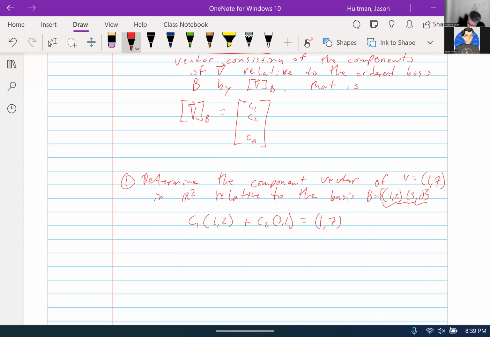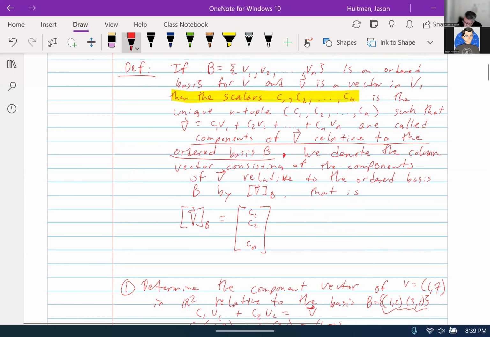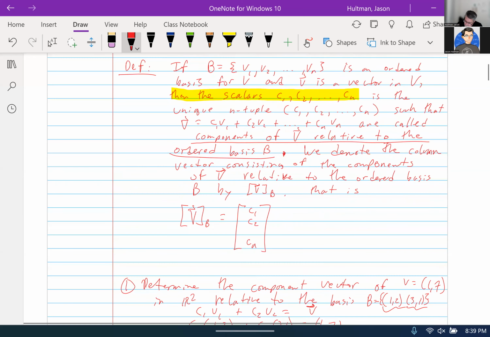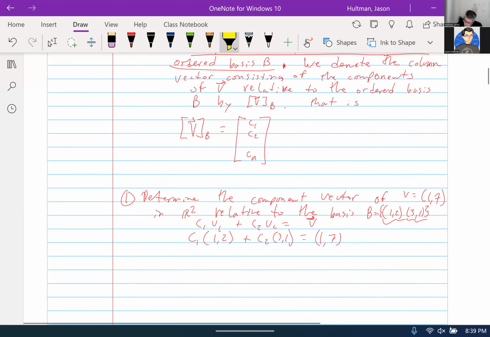This comes from the fact that C1 V1 plus C2 V2 would have to be equal to V, directly from our definition above.